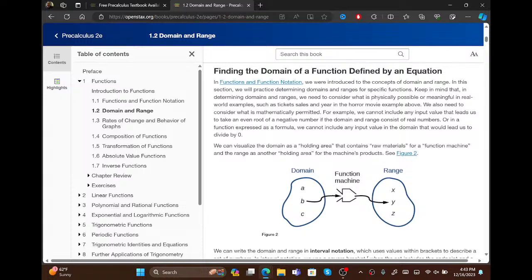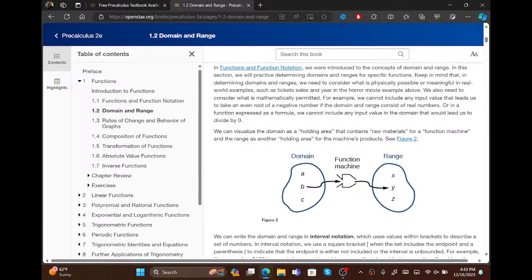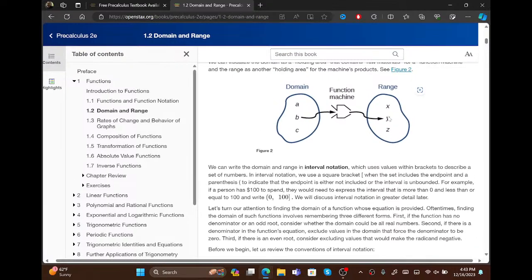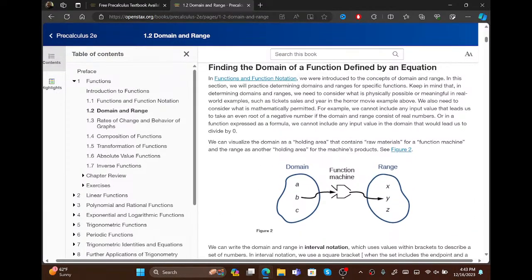I guess we'll look at some examples once we get there, but the point is that if it doesn't make sense to have a negative value of something in real life, then most likely we wouldn't include negatives in the domain when it comes to the word problem we're given. But we will look more over that later in this section, if we get there.